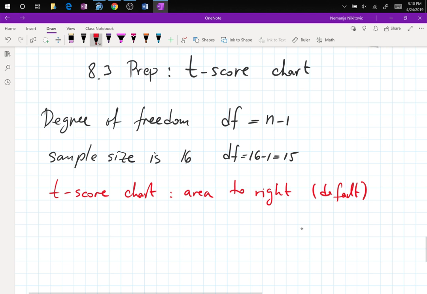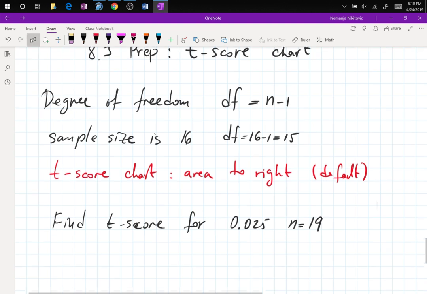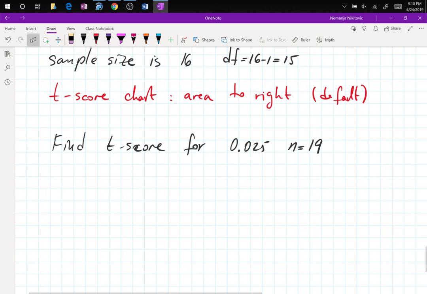So let's see, I want to find the t-score for 0.025 and n equals 19. So the specs are n is 19 and area is 0.025.